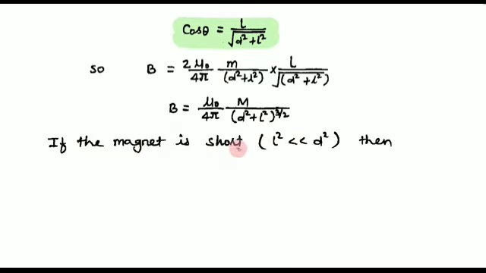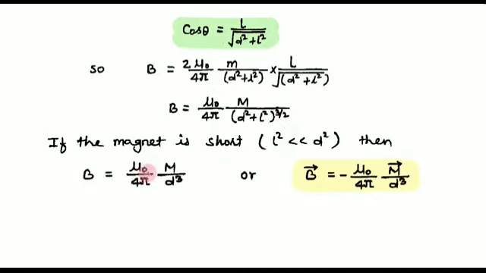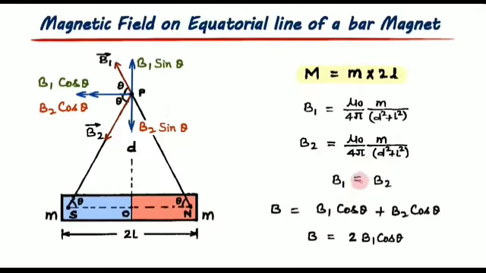If the magnet is short, then L is very small compared to d, so L is neglected. Then B is equal to mu naught by 4 pi, M by d cube, or in vector form, vector B is equal to negative mu naught by 4 pi, vector M by d cube. Negative means the field is in the opposite direction.